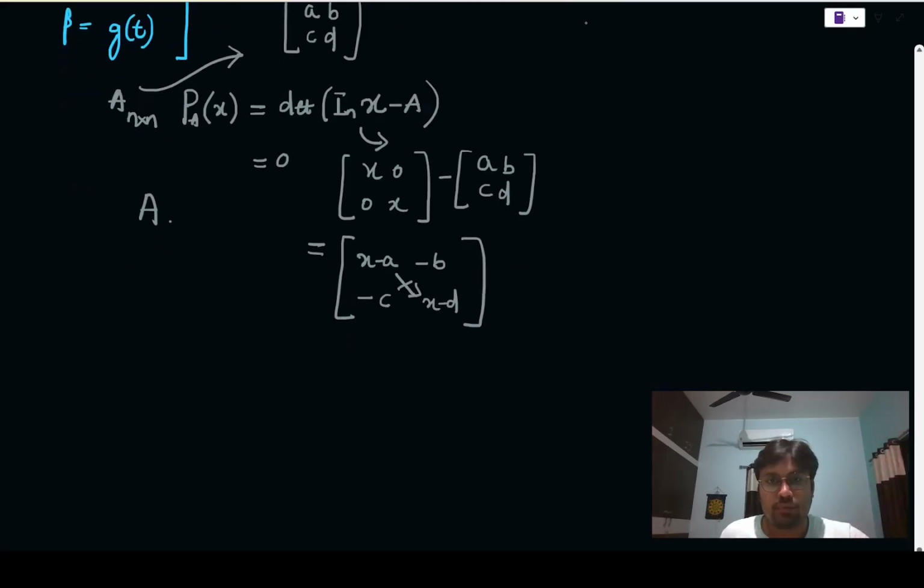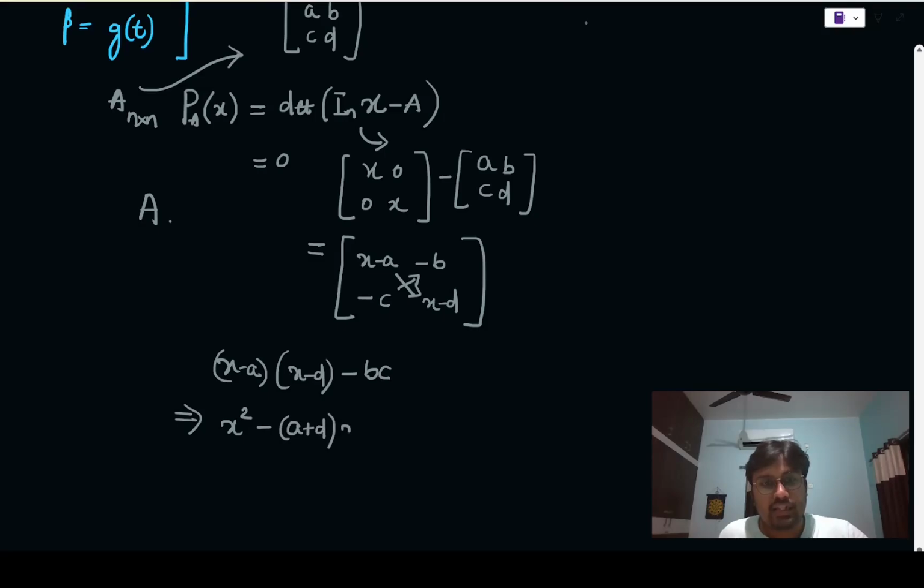So this will be this product, subtract BC from it. So the determinant is x minus A times x minus D, minus C into minus B, which is just positive, so it's BC. And if you expand this, you will get x square minus (A plus D) times x plus AD minus BC.